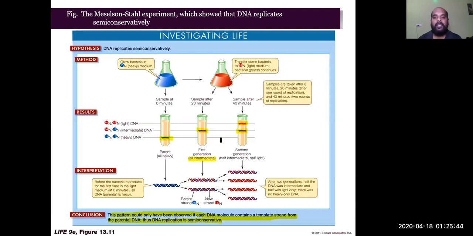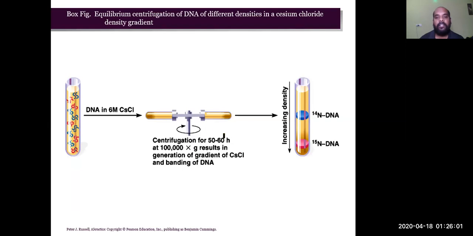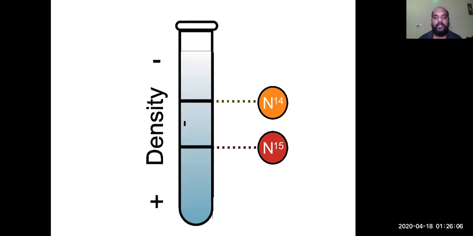In this way, these two scientists proved that something big was there and gave the mode of replication. After centrifugation, we can see two bands, one at N14 and one at N15, and the intermediate position reveals that the mode of replication is semi-conservative.